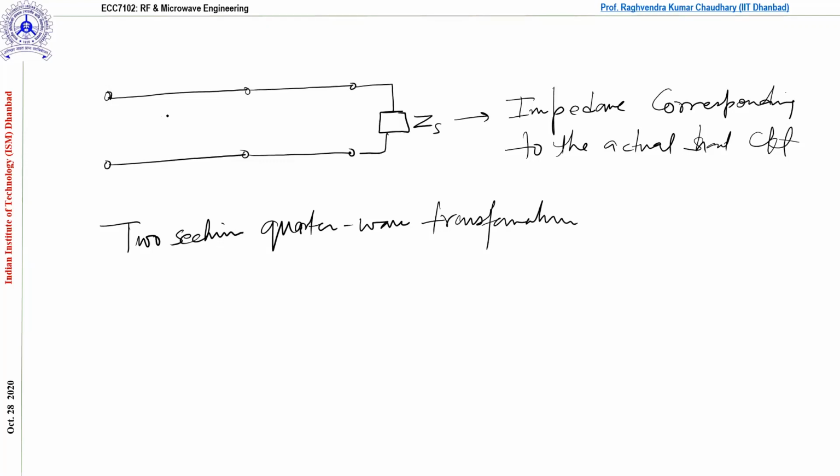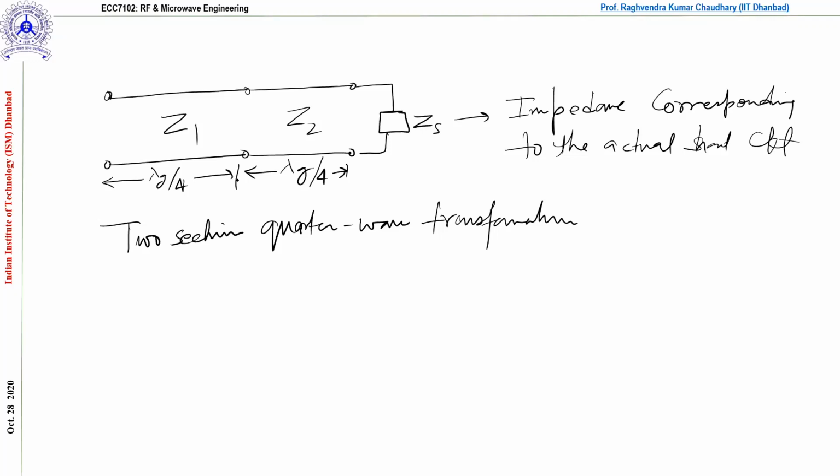Let's say the impedances are Z1, Z2, and ZS. Here we have lambda g by 4, and this is also lambda g by 4.